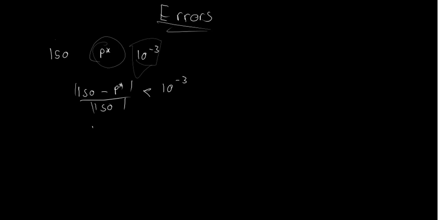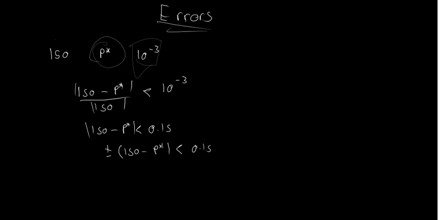So I'm going to say |150 − p*| is less than 0.15.